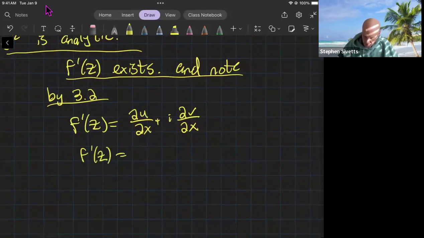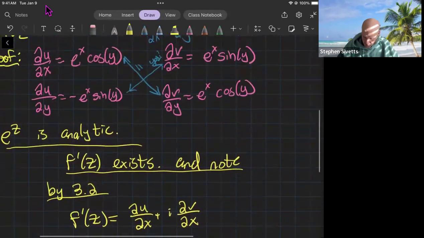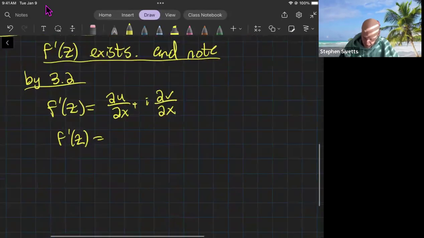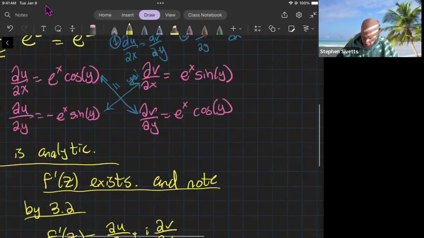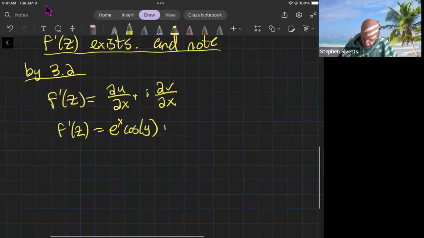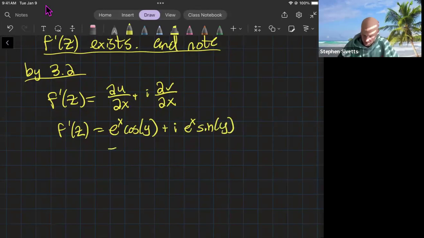So f prime of z is the partial of u with respect to x, which is e to the x cosine y, plus i times the partial of v with respect to x, which is i times e to the x sine y. This here is the definition of e to the z.